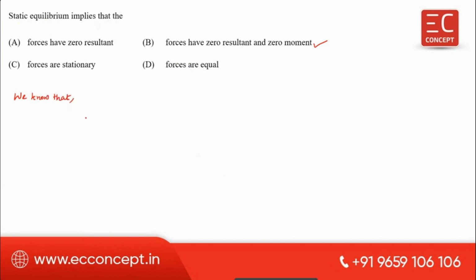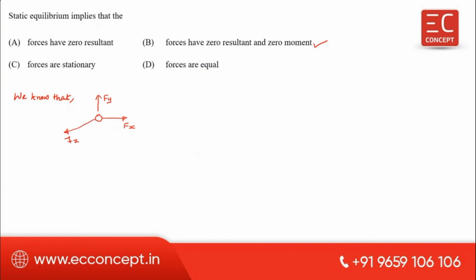To equilibrate a particle, we need three translational equilibrium forces. That is, we need to equilibrate force in x direction, force in y direction, and force in z direction.